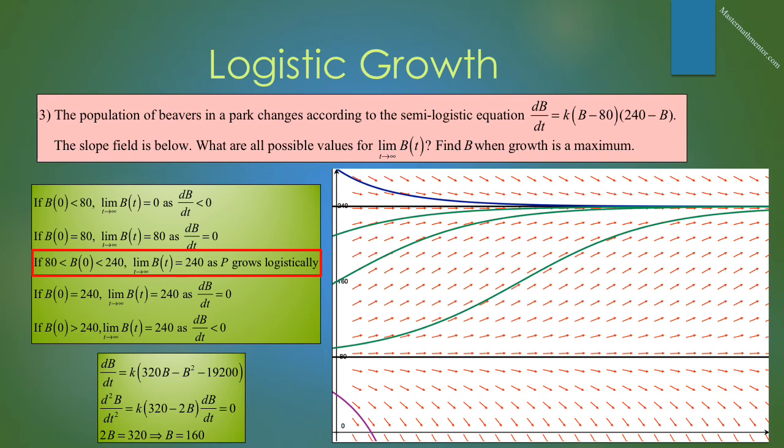And that gives us 2B equals 320 and B is equal to 160. So when B is equal to 160, the growth is at a maximum. If the initial population of beavers is greater than 160, then the greatest growth rate will be whatever that initial value of beavers is.